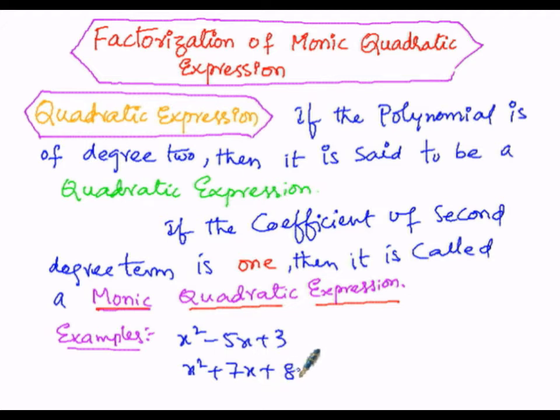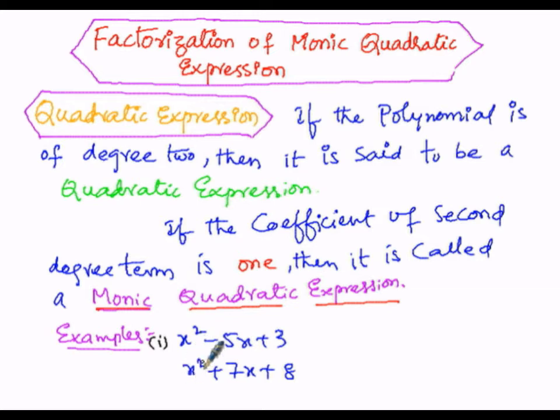In these two examples, in number 1, x square is the second degree term. So, here the degree of this expression is 2. So, this is a polynomial consisting of the second degree term, and the second degree term is x square.